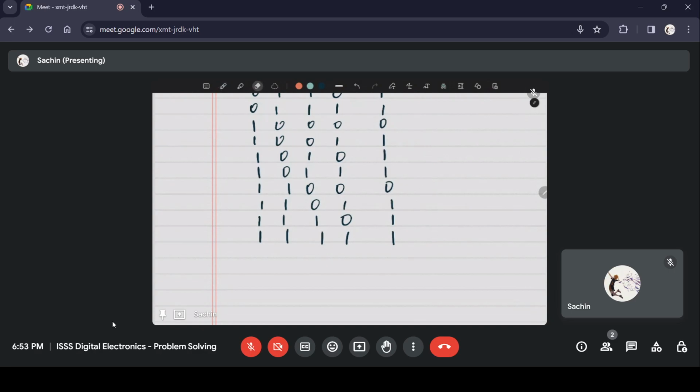So the truth tables match. So the simplified expression also gives you the same truth table. So it's the same expression. So whichever one you implement, you'll at the end get the same function as your output.